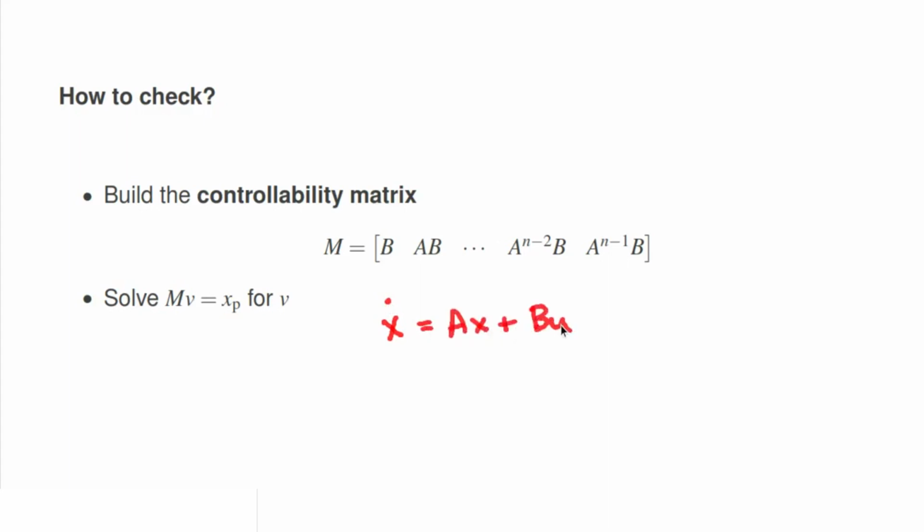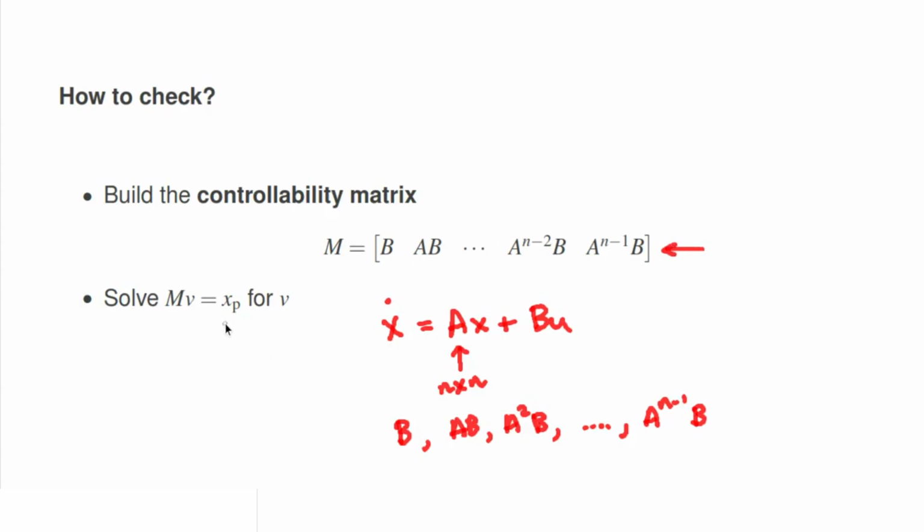In general, A and B are matrices, and the important feature here is that A is an n by n matrix. We then proceed to build a sequence of matrix products. Starting with B, we then construct AB, followed by A squared B, and we keep on doing this until we arrive at A to the n minus 1 times B, where n is determined by the dimension of A. We then take the elements in this sequence and slot them into a big matrix M as shown here.